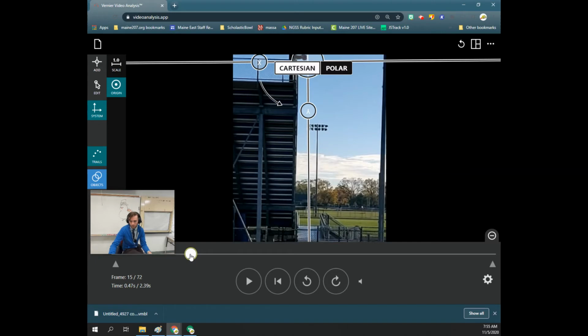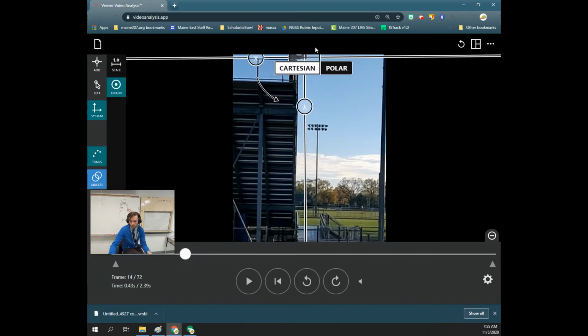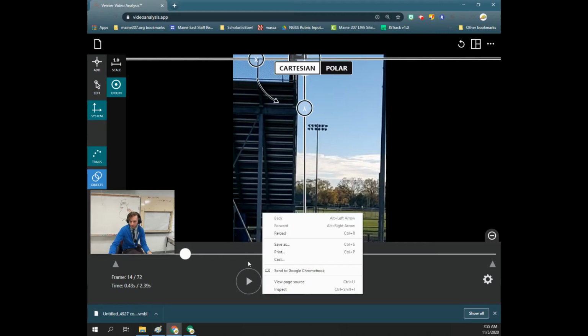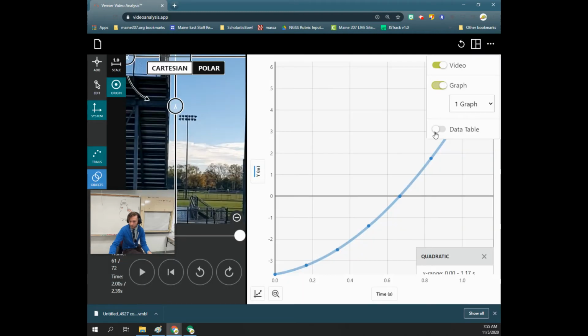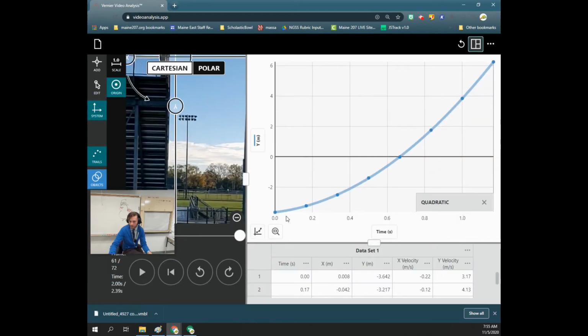So when my ball is moving in the y, it's going to think that it's moving in the positive direction. So let me do that. Okay, so now I've rotated it, made sure it's still vertical. Let's play the video. Yeah, it looks pretty vertical. If I show my graph, look at that. Now the object is moving in the positive direction. The positions are getting more and more positive.